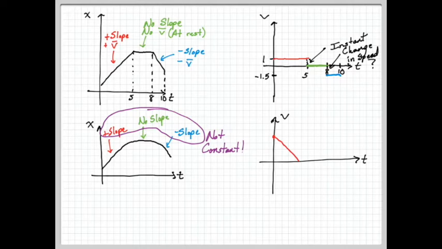Once I get to 0, no slope, and I probably made this line a little too long, but I just want to emphasize that I'll have no slope for a little while, and then it immediately goes into a negative slope. Again, that negative slope starts out from having no slope, and therefore no velocity value, and then the slope gets gradually steeper in the negative direction. So my negative velocity value should be getting higher and higher in the negative direction. So that blue line actually represents an object speeding up in the negative direction.